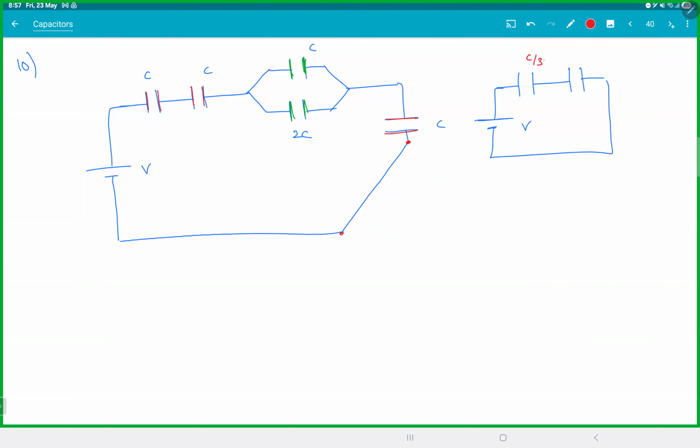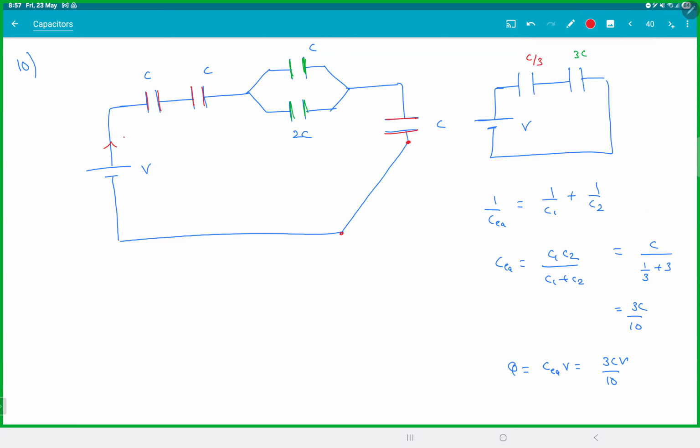So this is C by 3 and this is 3C, and both are in series. So 1 by C equivalent is 1 by C1 plus 1 by C2, so C equivalent is C1 C2 by C1 plus C2. That would be C by 3 times 3C over C by 3 plus 3C, which is 3C by 10. Therefore, the charge that is flowing will be C equivalent times V, which is 3CV by 10.